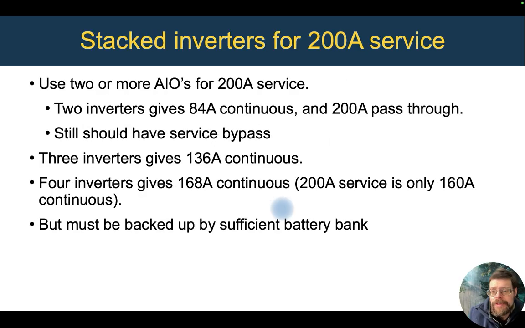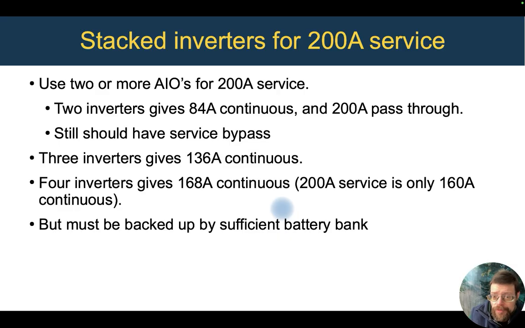Another option when we're doing a 200 amp service, to prevent overload of the inverters, is to use 2 or more of the all-in-ones. 2 inverters gives us 84 amps continuous and a full 200 amp pass-through, so we can back up a 200 amp service without an external transfer switch. We get 84 amps continuous, which is still nowhere near a full 200 amp service, which is actually rated at 160 amps continuous, but it's a lot closer than 42 amps.